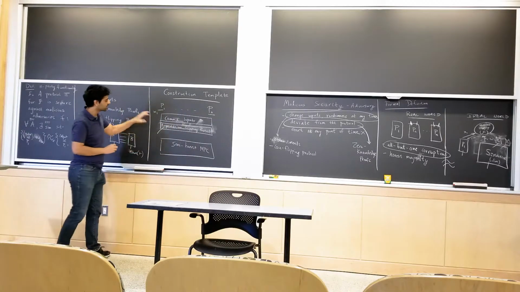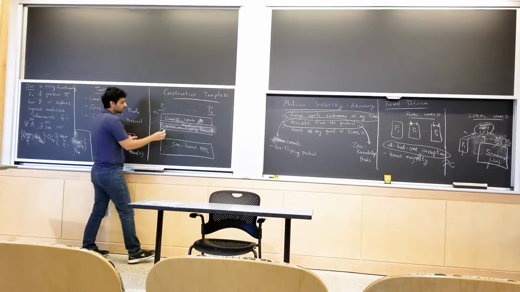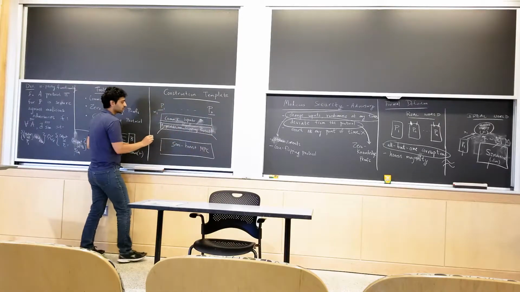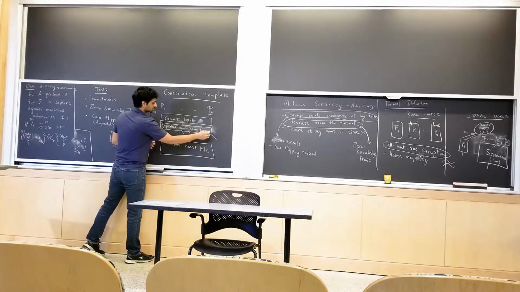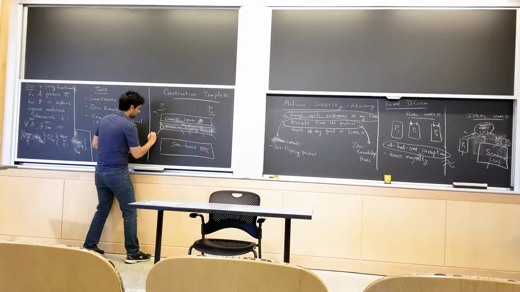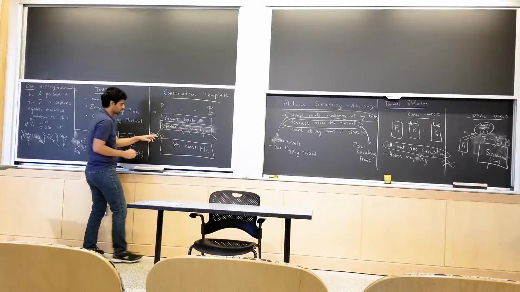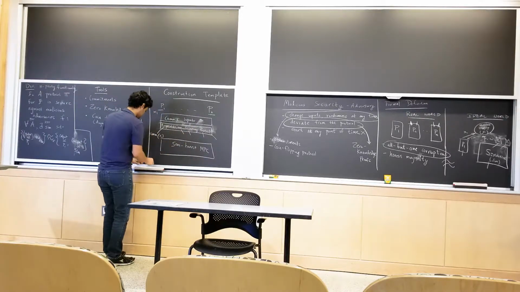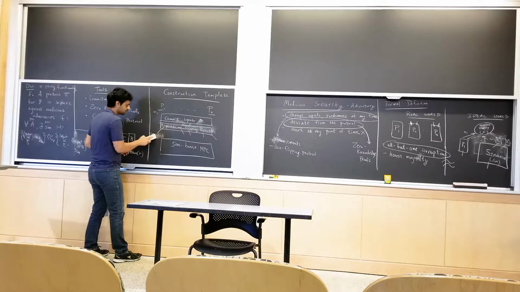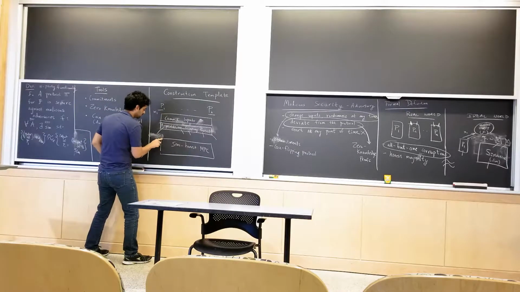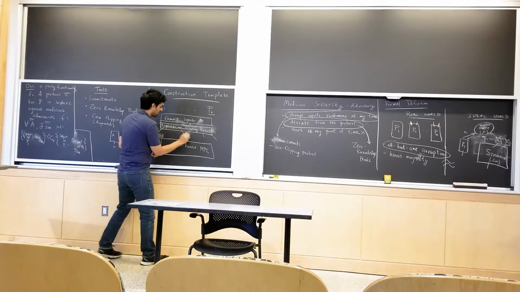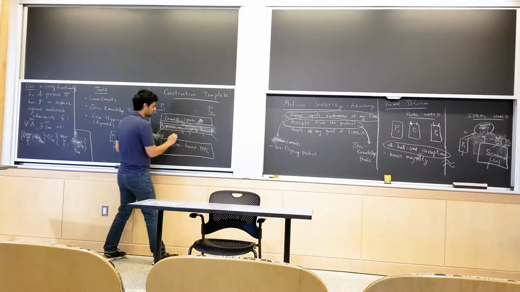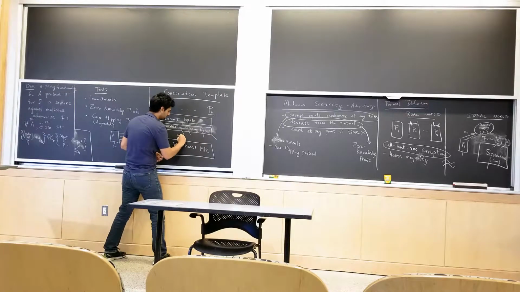At the end of this augmented coin flipping protocol, all the rest of the parties get a commitment to his randomness, a commitment to R1. He gets R1 in the clear, and all the other parties get commitments to R1.